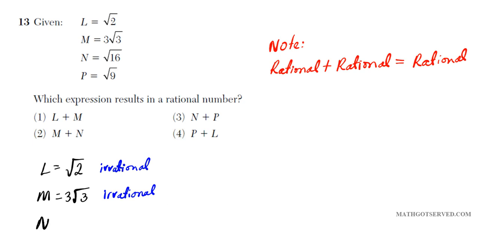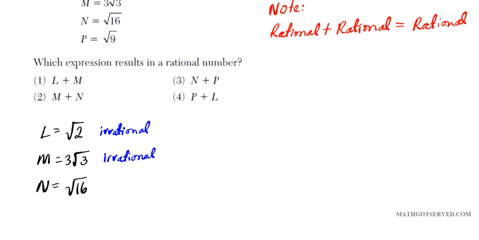Okay, how about option N, root 16? Is this rational or irrational? Can we find the square root of 16? The answer is yes, since the radicand is a perfect square, root 16 is equal to 4. So root 16 is rational. All right, how about P? P is the square root of 9. Square root of 9 is 3.